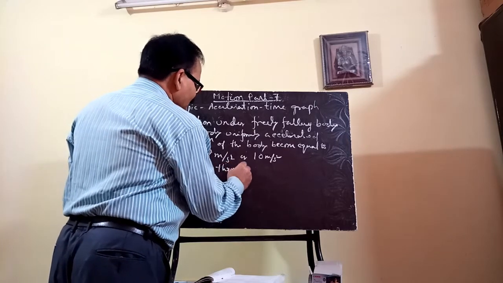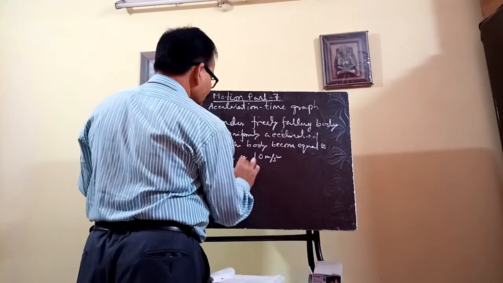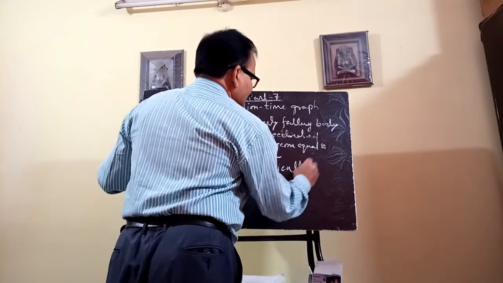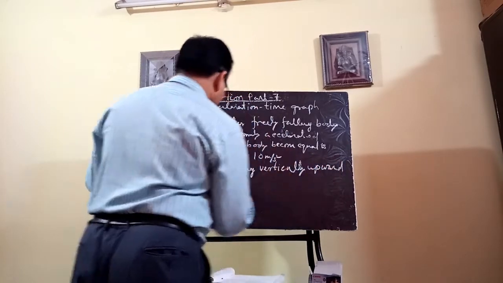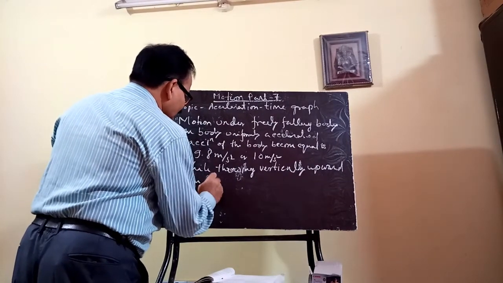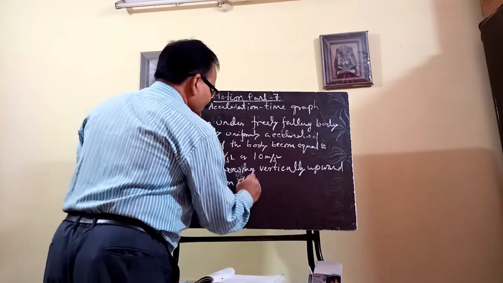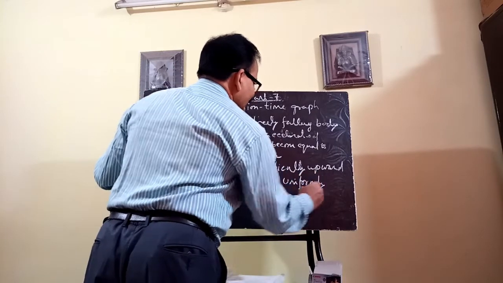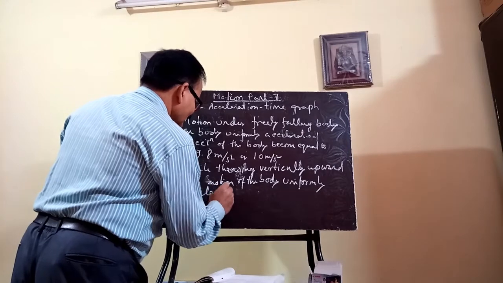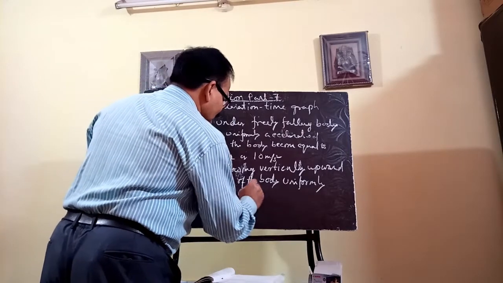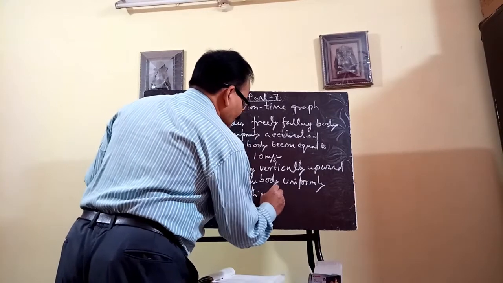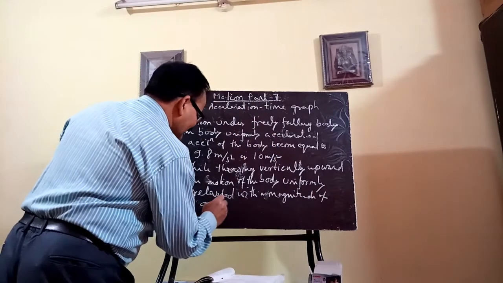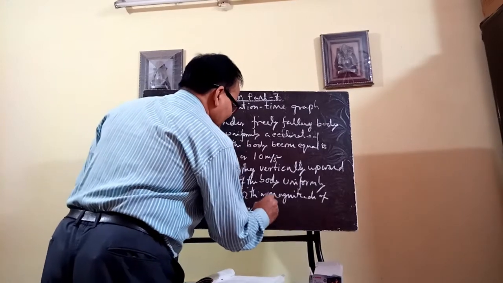While throwing vertically upward, the motion of the body is uniformly retarded with a magnitude of 9.8 meter per second square or 10 meter per second square.